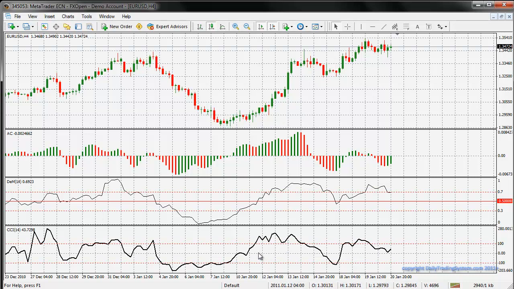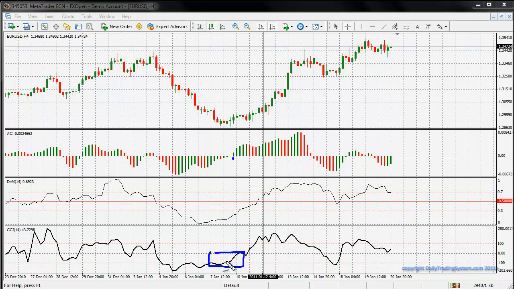But we can see, if we take a look at this example here, where I said if you look at this top bar before, this would act, if this lined up within that area, like we showed you in one of the previous videos. Here it is, and here's the CCI, and it actually happens inside that bias section.